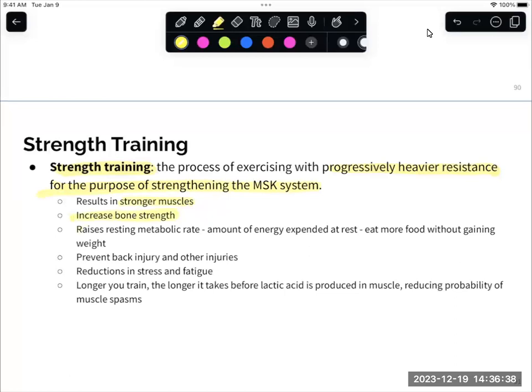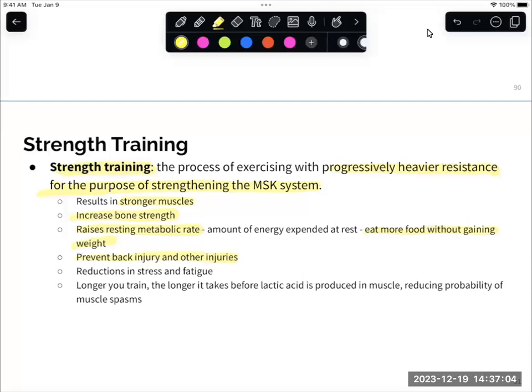By weight training, you are increasing your resting metabolic rate, meaning you burn more calories at rest, aka eat more food without gaining weight. Strength training prevents back injuries and other injuries.